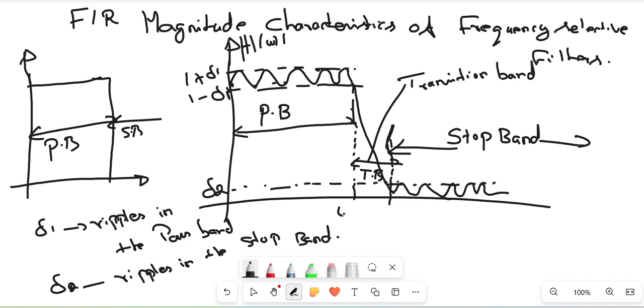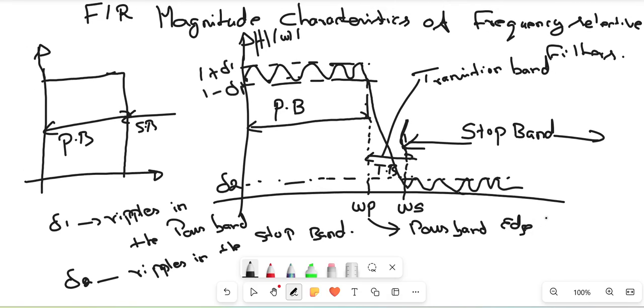This is omega p, this is omega s. This is the pass band edge frequency and this is the stop band edge frequency. This is the magnitude characteristics of the frequency selective filters.